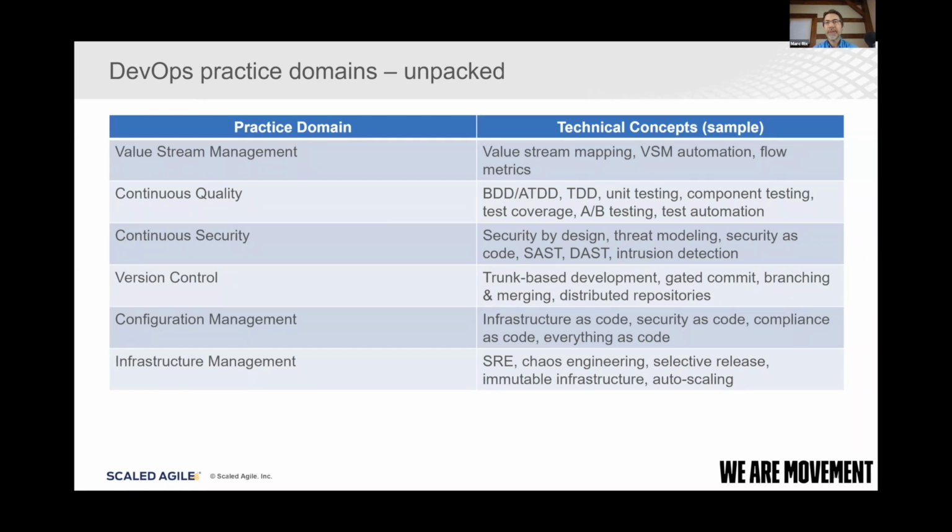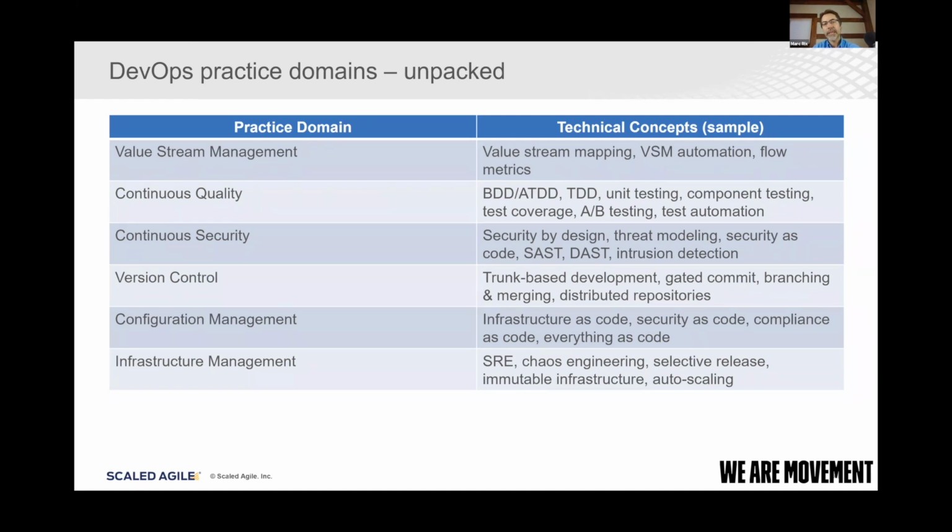They're tucked into our configuration management domain and an infrastructure management domain that speaks about site reliability engineering, chaos engineering, the idea of selective releases and immutable infrastructure, and cloud concepts like auto scaling. So we needed a place to organize and categorize each of those technical practices and sets of tools.